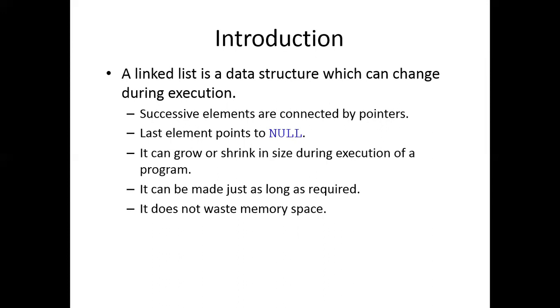Based upon the dynamic allocation of memory, the size of the linked list can grow or shrink. So it will reduce the memory space, and you can allocate only the data that is needed. The sequential allocation of memory space is avoided using this method.